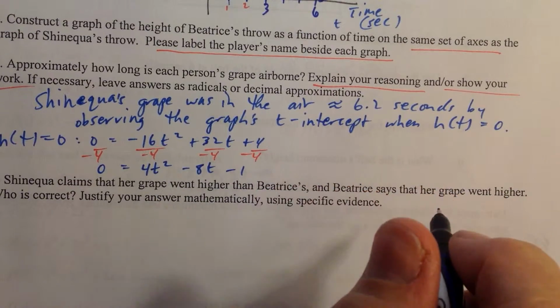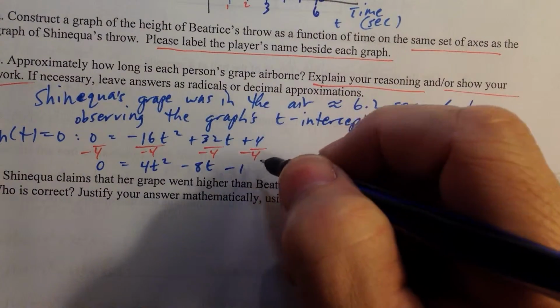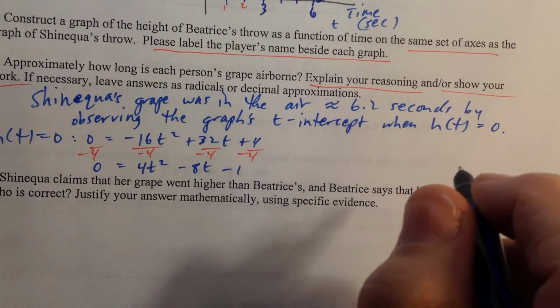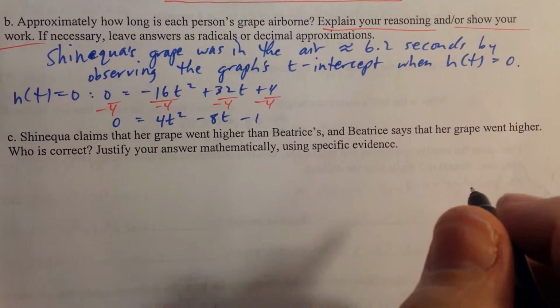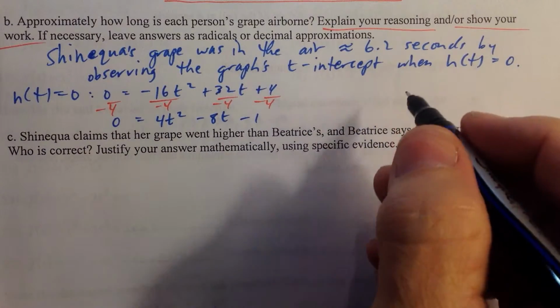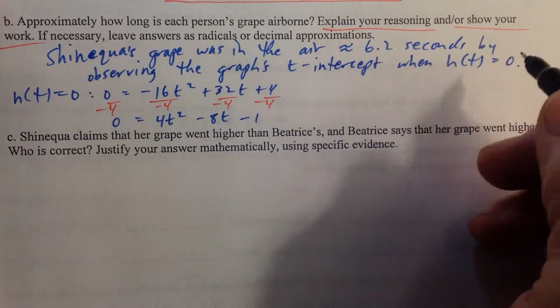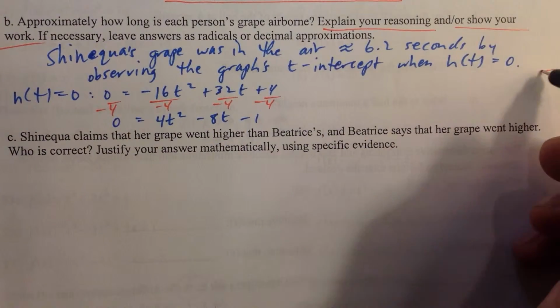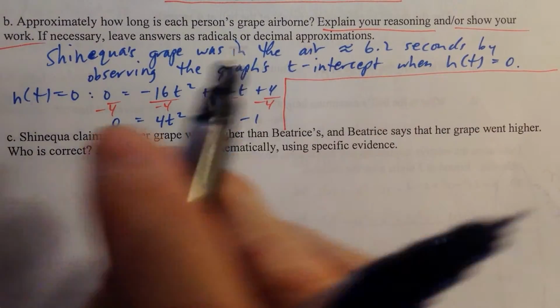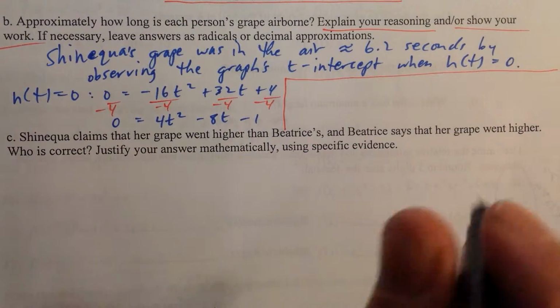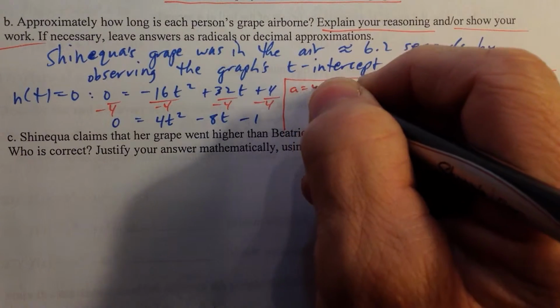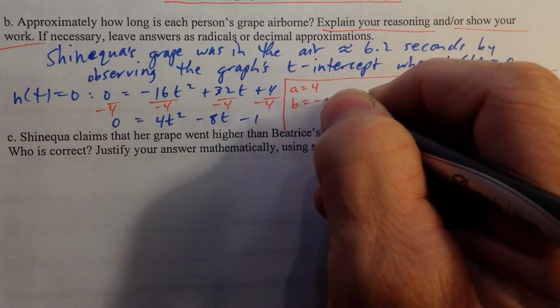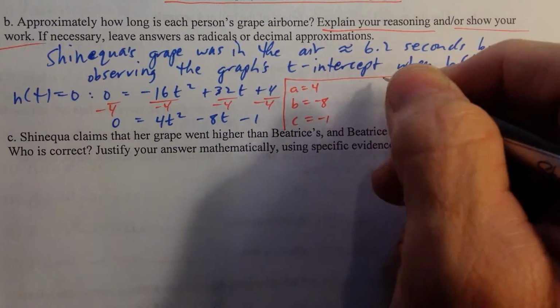It does not look like it factors, and so we're going to use the quadratic formula, and I'm running out of room here, but let's see if we can fit it in. So in the quadratic formula, we let a equal 4, b equal negative 8, and c equal negative 1.